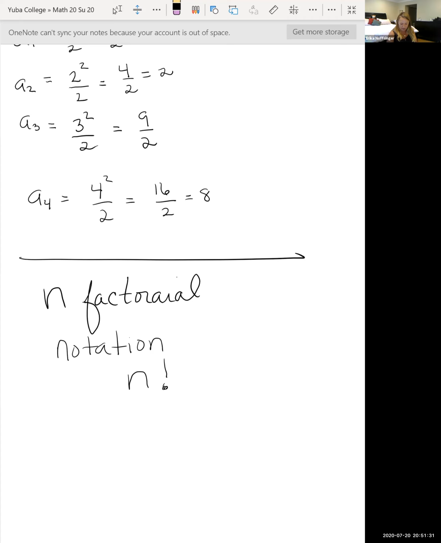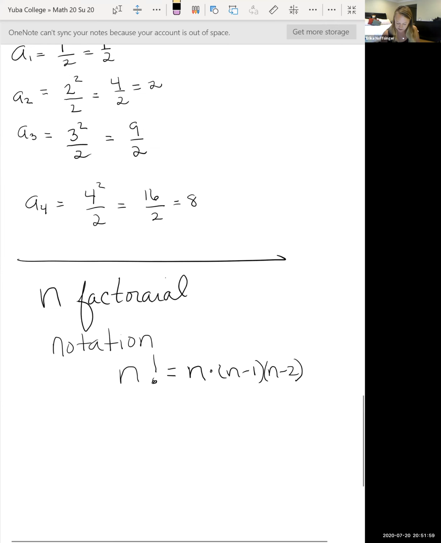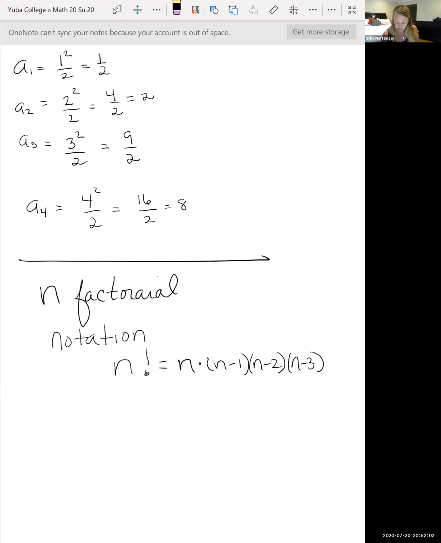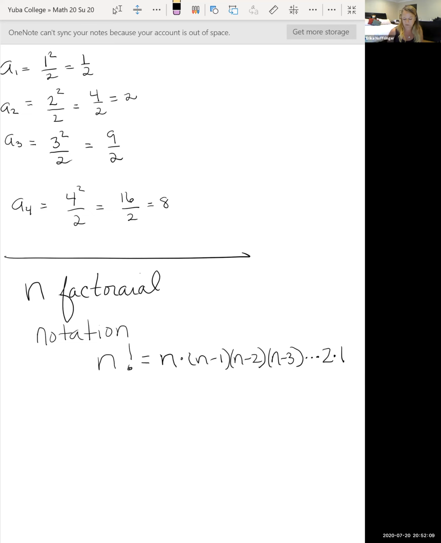And this is equivalent to taking whatever number you're taking the factorial of and multiplying it by that number minus 1, times that number minus 2, times n minus 3, all the way down until you get to 1. So n has to be a positive integer.